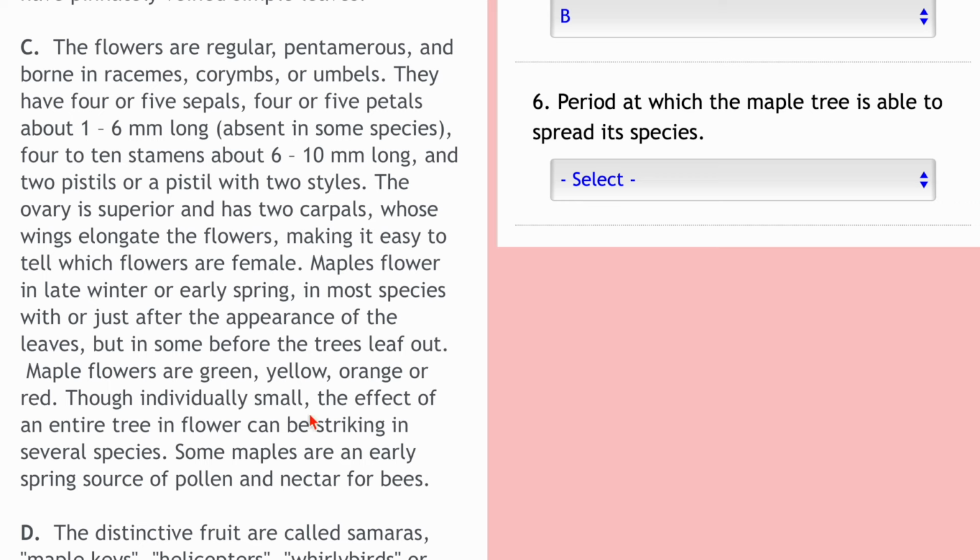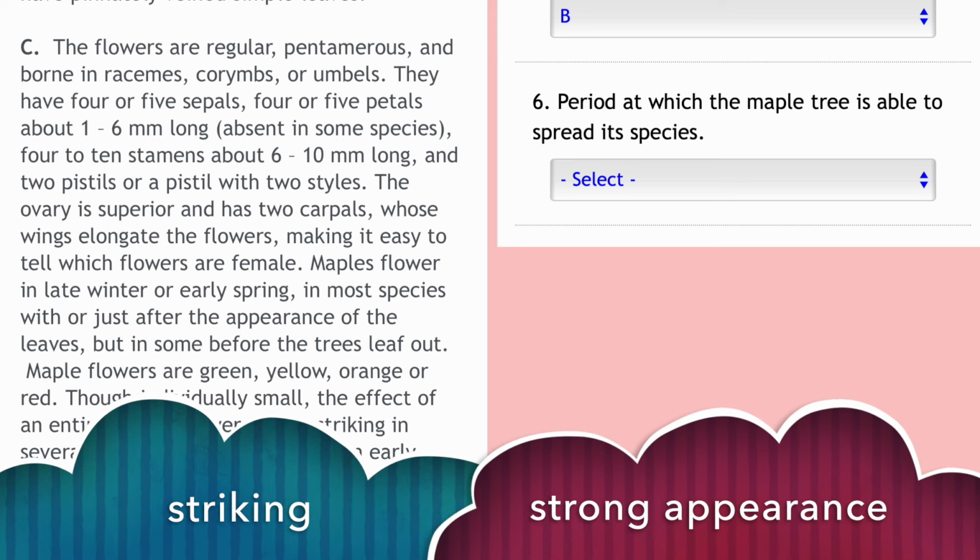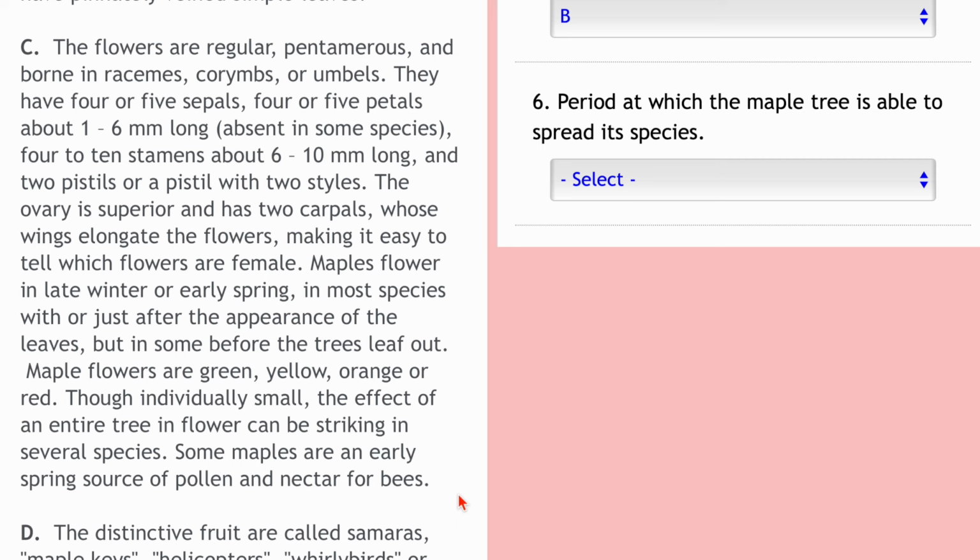Though individually small, the effect of an entire tree in flower can be striking in several species. Striking, very strong appearance. Some maples are an early spring source of pollen and nectar for bees. Okay, right, because they have flowers, sorry. Okay, very interesting. So we got paragraph C there.